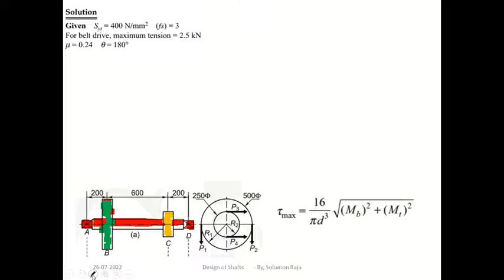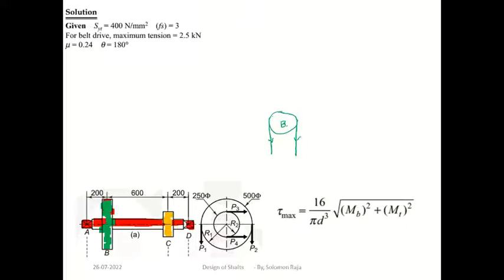For example, suppose you take pulley B. In pulley B, the belt is attached in the downward direction, so the load will be in the downward direction.